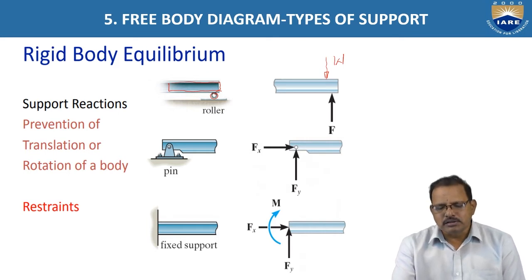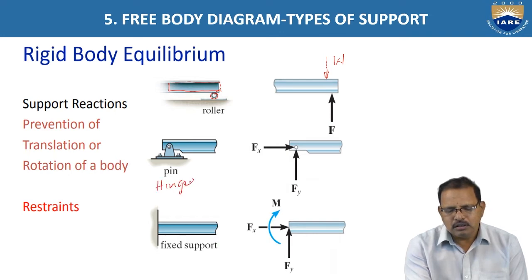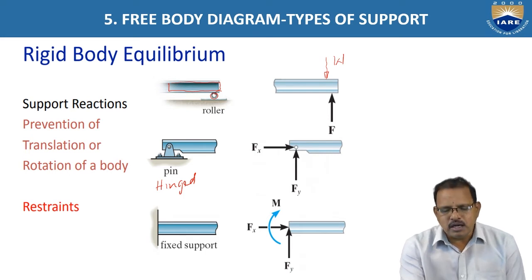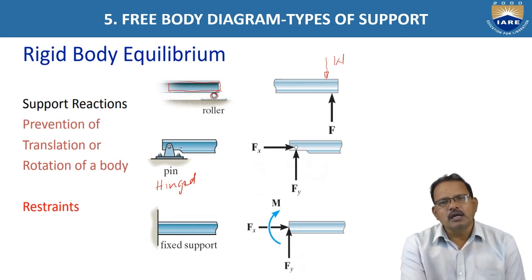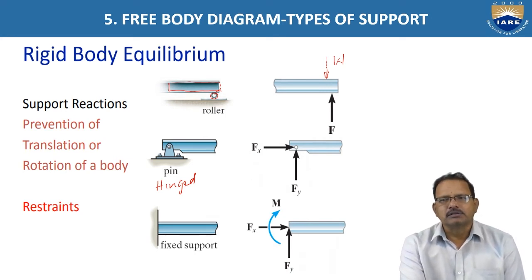Similarly, the second one is a pin joint. It is also called hinged. This joint prevents the body from falling in the downward direction as well as along the axial direction.